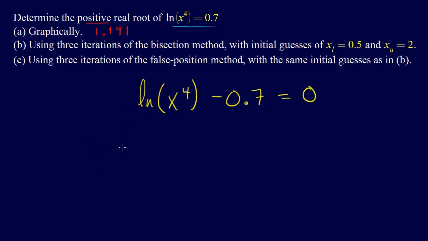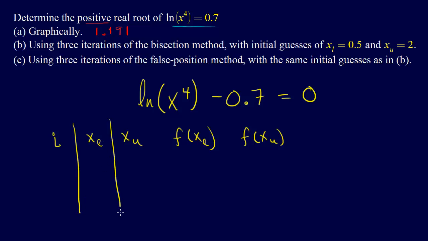Now, using 3 iterations of the bisection method with initial guesses of lower equals 0.5 and upper equals 2. So again, let's do i, XL, XU, f of XL, and f of XU.